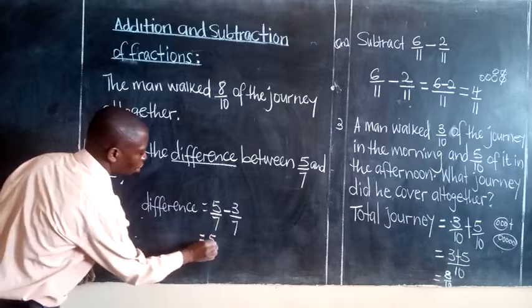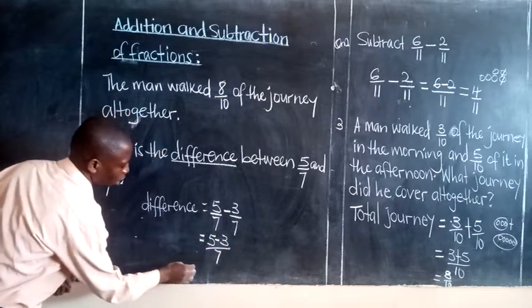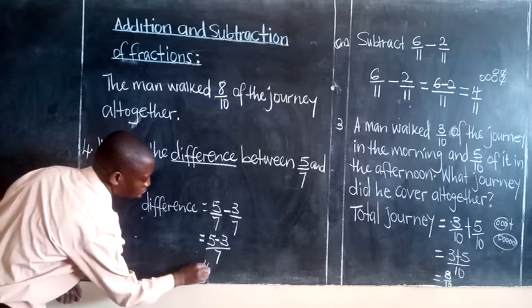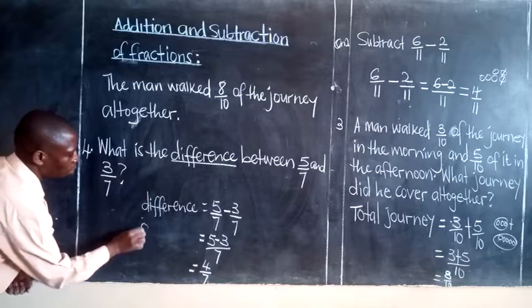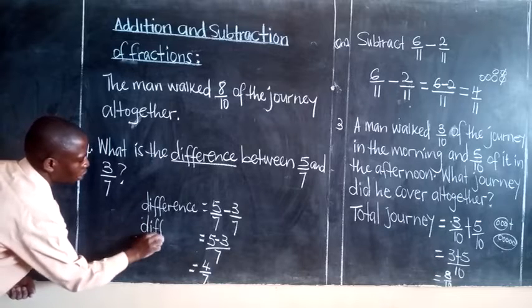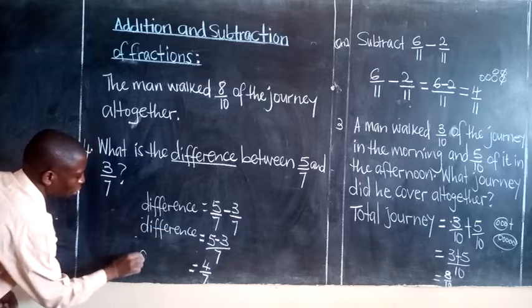So we say 5 take away 3 out of 7, and this gives us 4 out of 7.